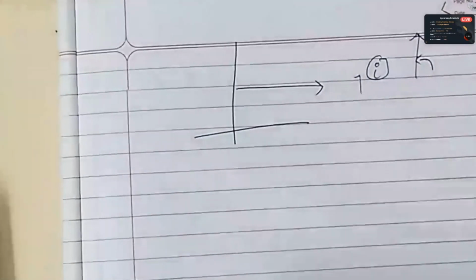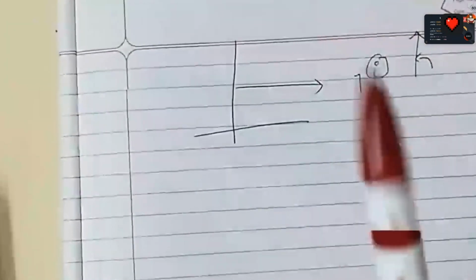Why is it a 90-degree turn, or how is it a 90-degree turn? And what are the implications of that? That's what the next session is going to be about.